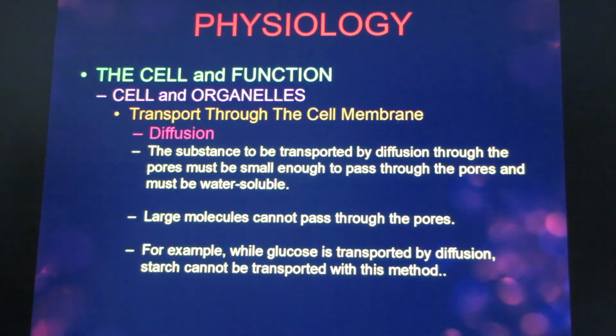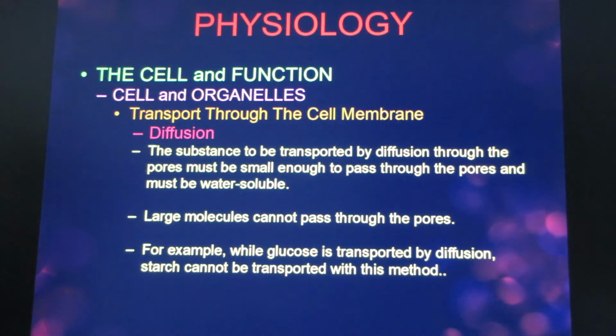So the substance to be transported by diffusion through the pores must be small enough to pass through the pores and must be water soluble. It must be able to dissolve in water because it passes with water through the pores of the cell membrane.